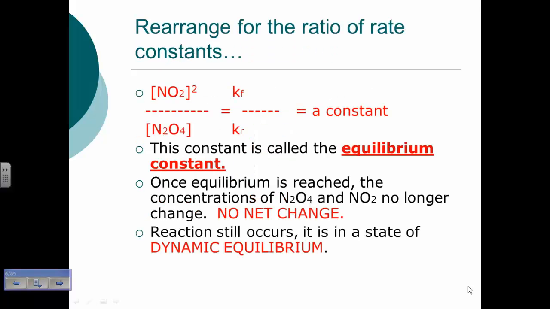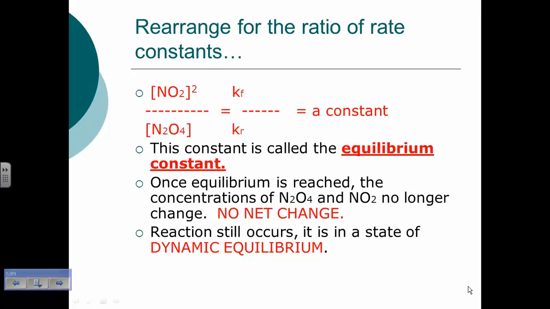What I'm going to do now is rearrange this ratio to get the K constants by themselves. I want to get the K's on one side and the concentrations on the other side. So we'll do that by simply dividing both sides by Kr, the reverse, so you simplify, and then divide both sides by N2O4.